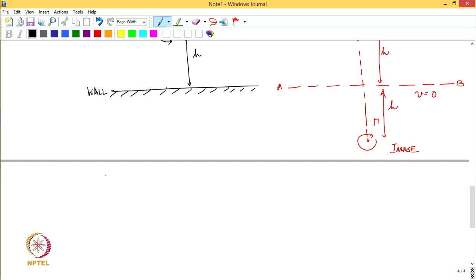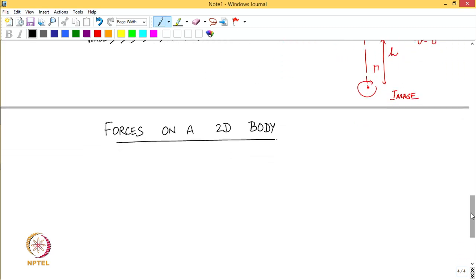Okay, now let us look at forces on a two dimensional body. Okay, so we have now derived the velocity field and the pressure distribution on any surface, and you should now be able to say a lot about what kind of forces a body would experience.